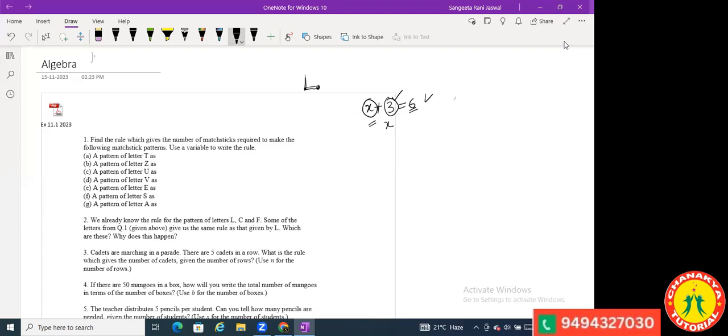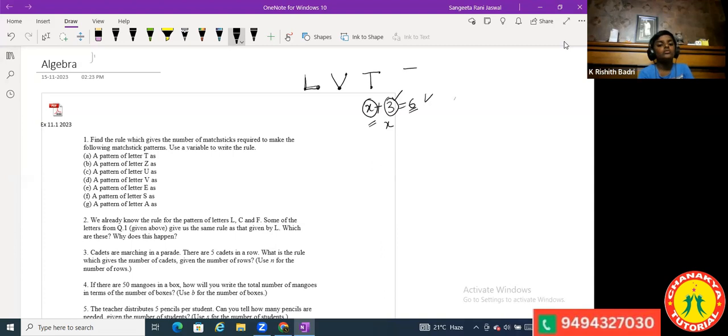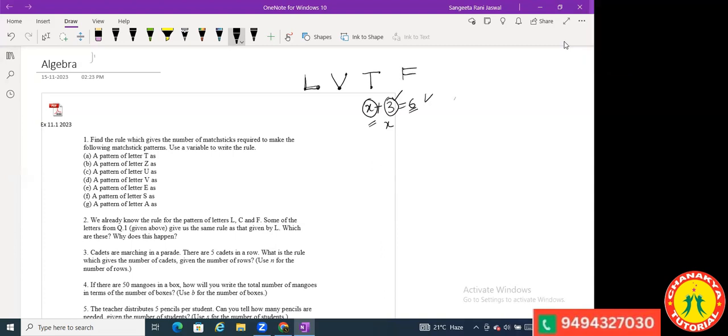Any other alphabet which needs 2 matchsticks? P. Yes. V. Then T. We need 2 matchsticks. And for 3 matchsticks, any? E, M, U, Z, A.